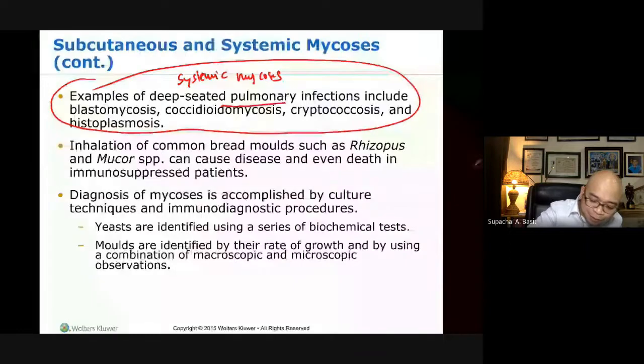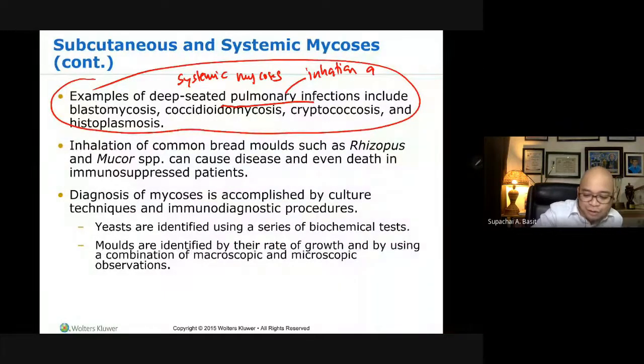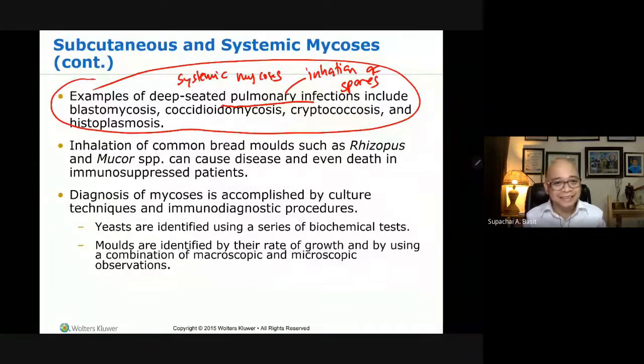And since this is pulmonary, you usually get it through inhalation of spores. There are some mycoses that you can inhale from bread molds, such as Rhizopus and Mucor. These are okay for those of us who are perfectly normal in terms of the stability of our immune system.